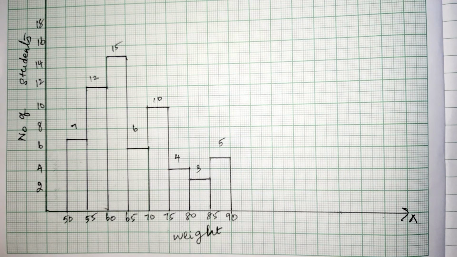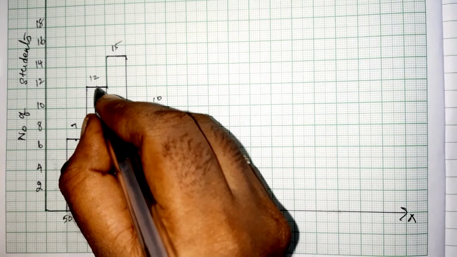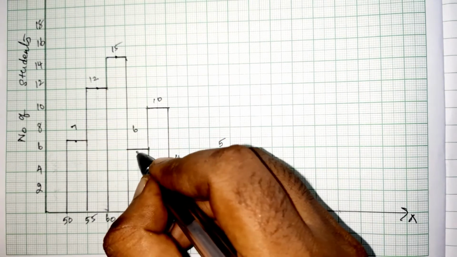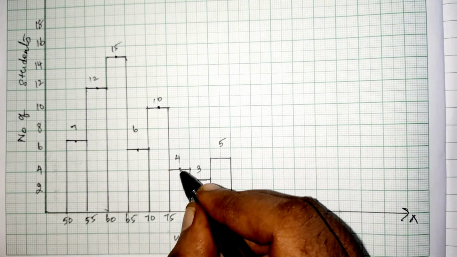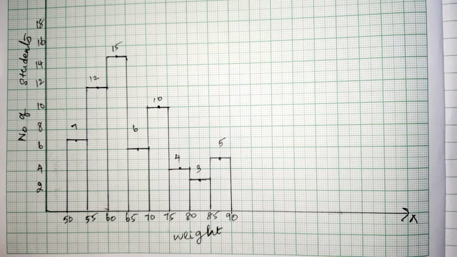For that you have to mark all the midpoints of the rectangular bars. Mark all the midpoints. Now connect all the midpoints freehand. Then you will get a frequency curve.